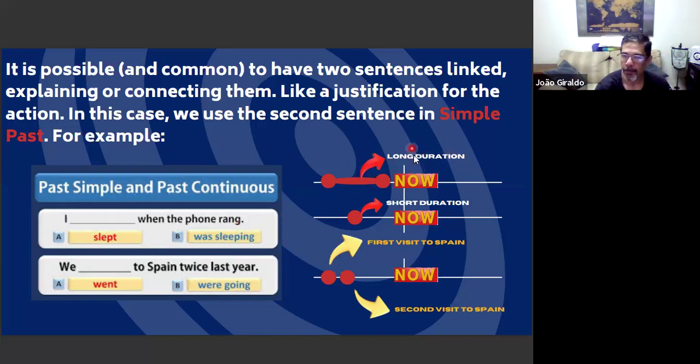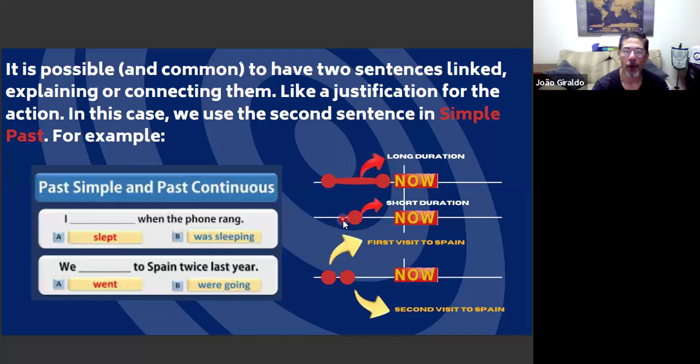So, here is the long duration action. For example, I start to sleep here and I finish sleeping here. Let's say 1 hour. Okay? And now is here, the moment I am talking. So the action was sleeping is in the past. I am telling the story now for you. Oh, yesterday I was sleeping. So this is the long duration when the phone rang.